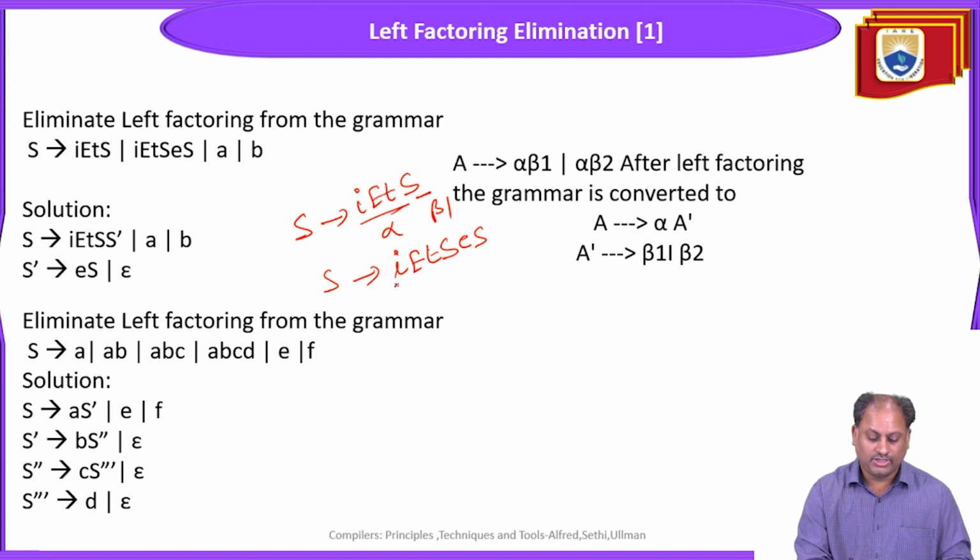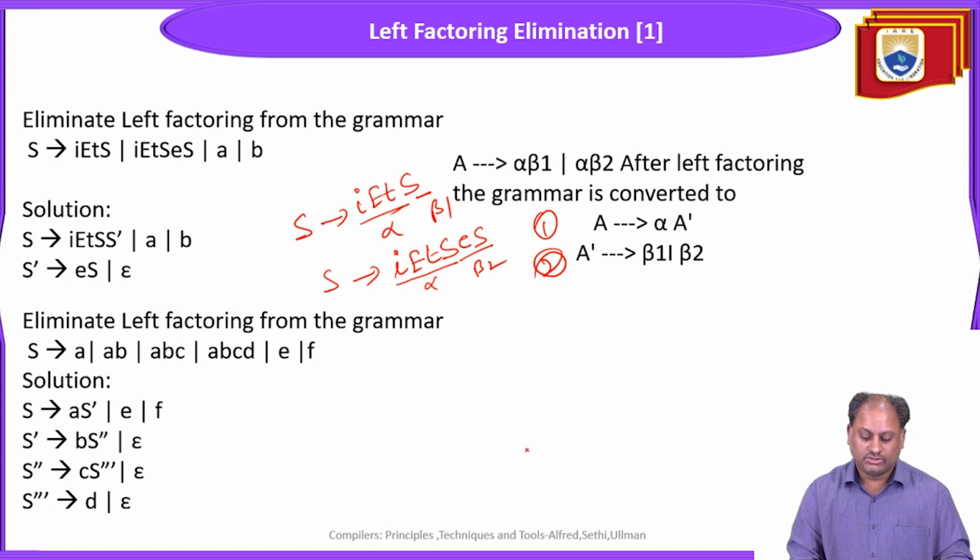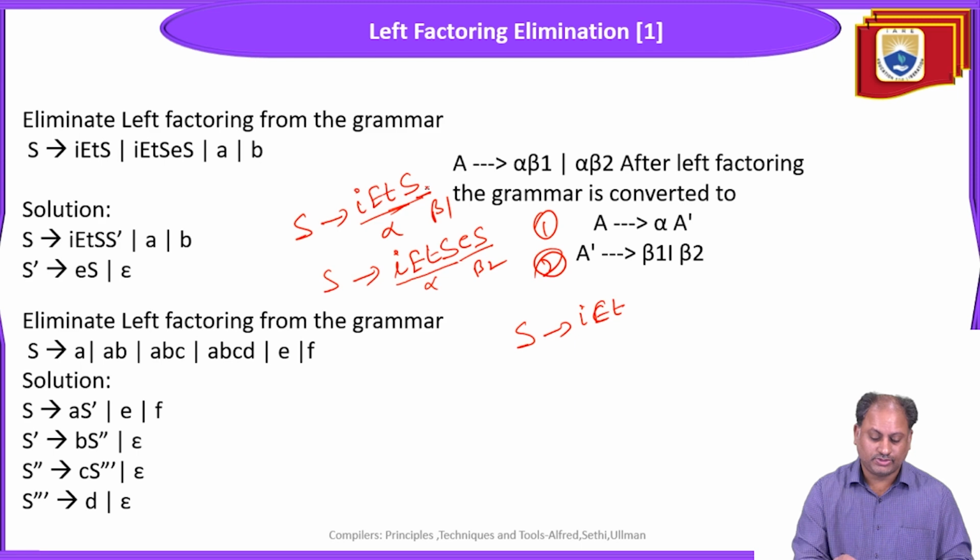So here iEtS is alpha, and beta 2 is eS. So after replacing we will get A derives alpha A dash, and the second one is A dash. So what is A here? Capital S. And what is alpha? Alpha is i E t, iEtS. You can also consider iEt.